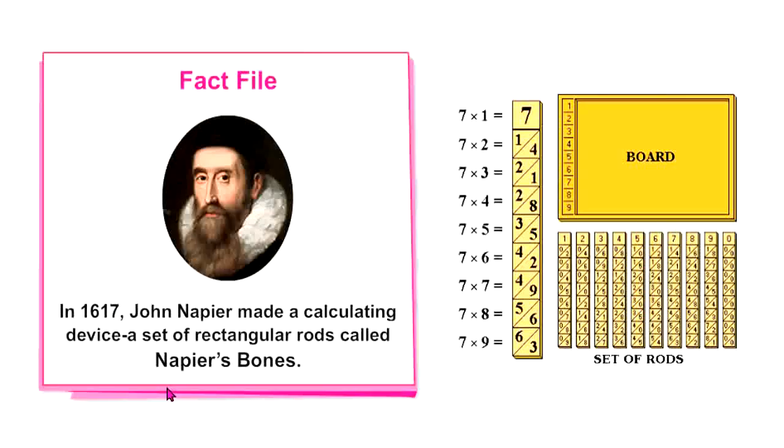Next one is Napier's bones. In 1616, Sir John Napier made a calculating device and called it Napier's bones. In 1617, it became a rectangular rod with this shape, and that is named Napier's bones.